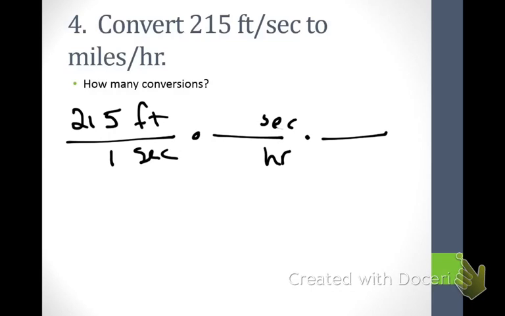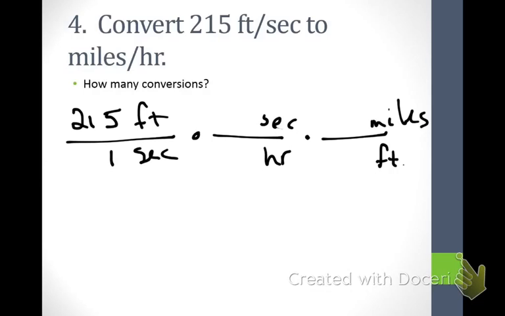Also, when we're finished converting, we want to move from feet to miles. So we want the feet to divide out. So if the feet are in the numerator in the first fraction, then in our ratio, feet need to be in the denominator. And we had to put miles in the top there.